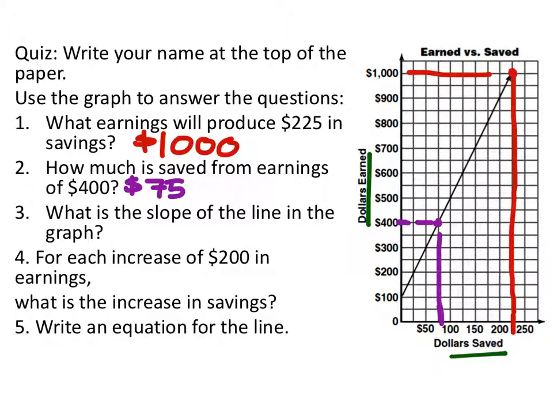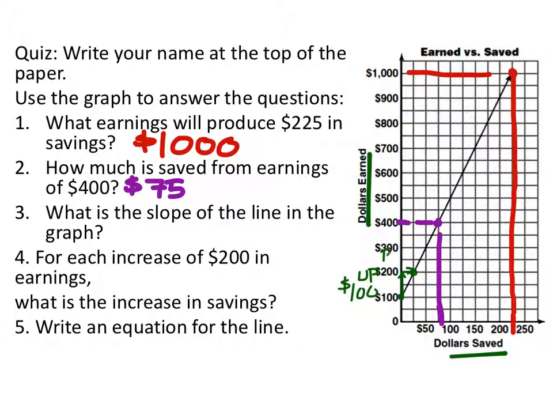The next question asks for the slope. So for the slope on this thing, we're going to look for 2 points we can identify, such as this one and this one. Now, when we create the triangle on this one, even though it's going up 2 lines, each line is representing $50. So it's really going up $100 in cash earned.